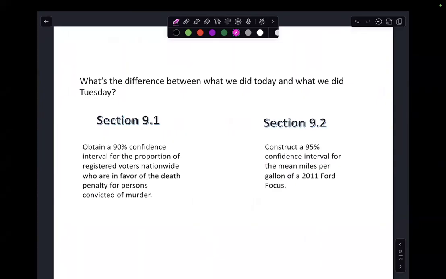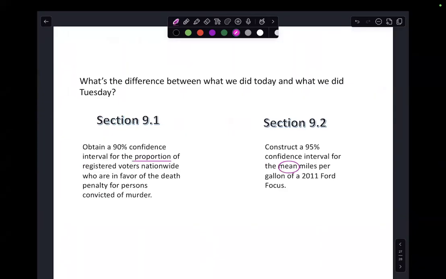Section 9.1, proportion. Look for the word proportion. That's so important. For 9.2, you're going to see the word mean. Very important. 9.2, you see mean. For 9.1, you see proportion.